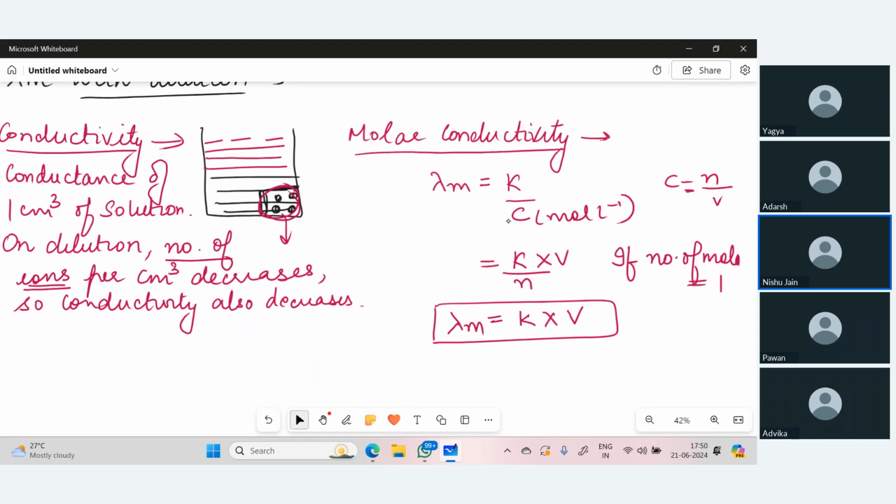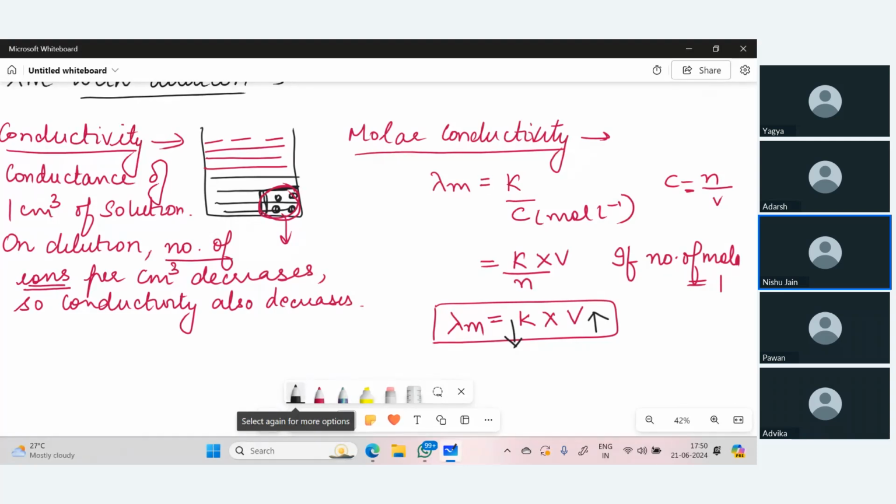When you dilute the solution, the kappa value decreases. Just now we have discussed that conductivity decreases on dilution. And on dilution, volume will increase. It is found that the increase in volume is much more than the decrease in conductivity. Let us suppose volume is increasing 100 times, conductivity decreased only 10 times.